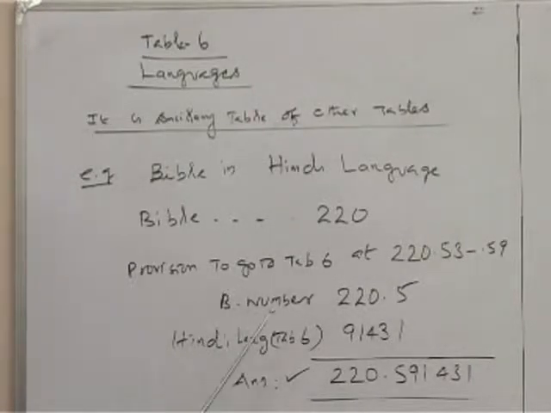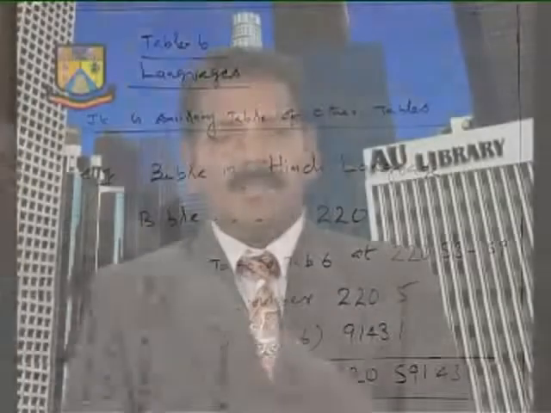There you can find the base number 220.5. Now, taking this base number, you are asked to go to table 6 for Hindi. Hindi language is 91431. So the base number 220.5, then 91431 is to be added along with the base number 220.5.